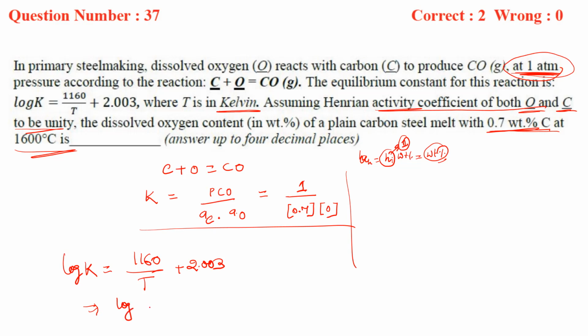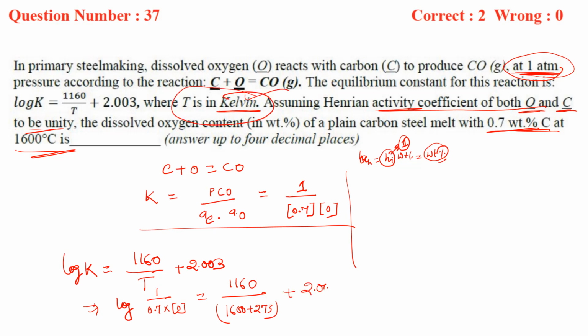This implies log of 1 by 0.7 into oxygen equals 1160 by T plus 2.003. T is how much? 1600 plus 273, because T is in Kelvin, right?